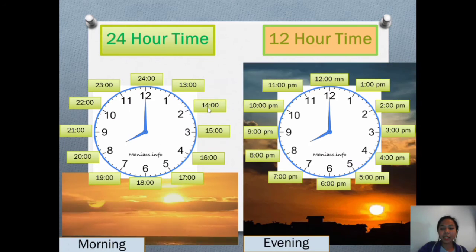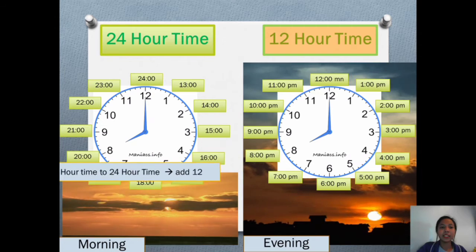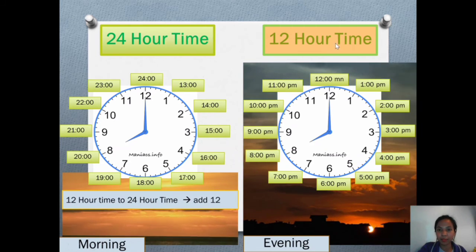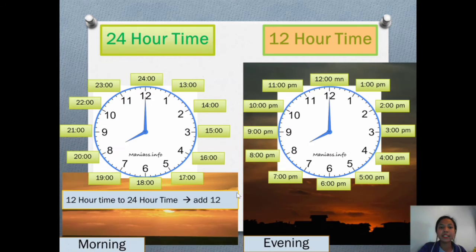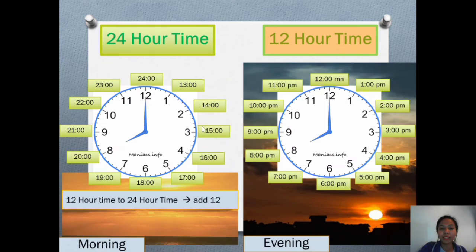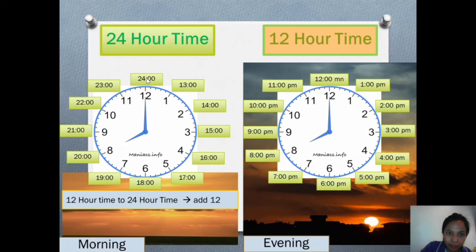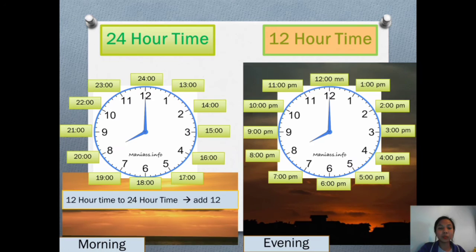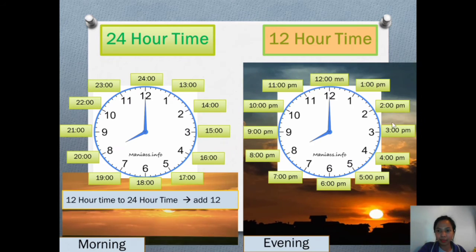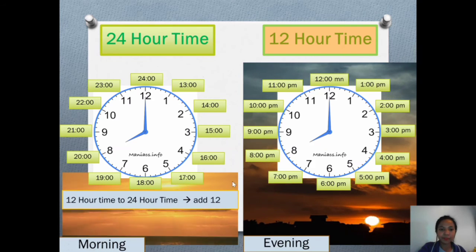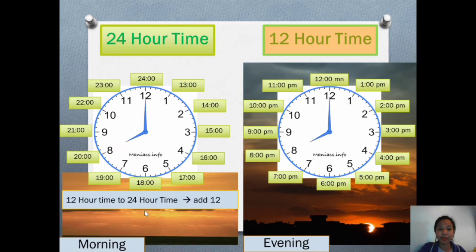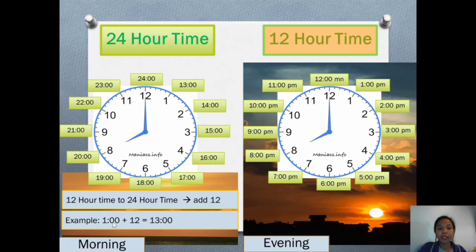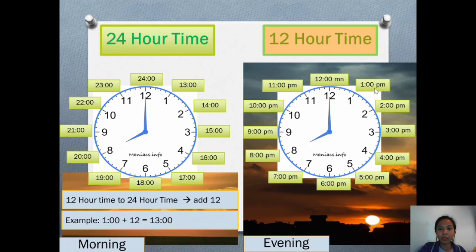So, to sum it up, if it's from 12-hour time to 24-hour time, how to convert? Just add 12. As you have noticed, these numbers came from adding 12 to this number or this time. For example, I have here 1 o'clock.